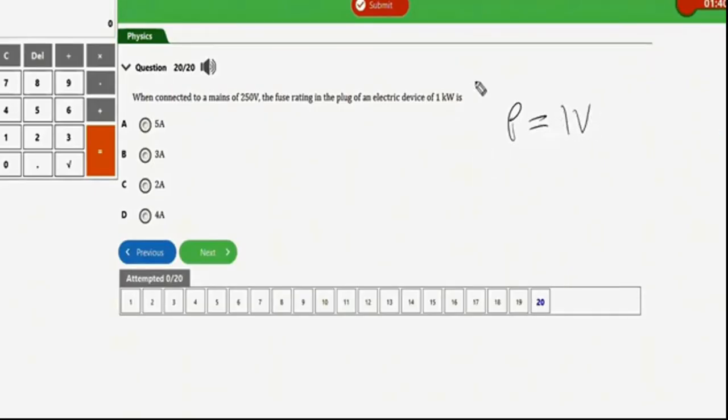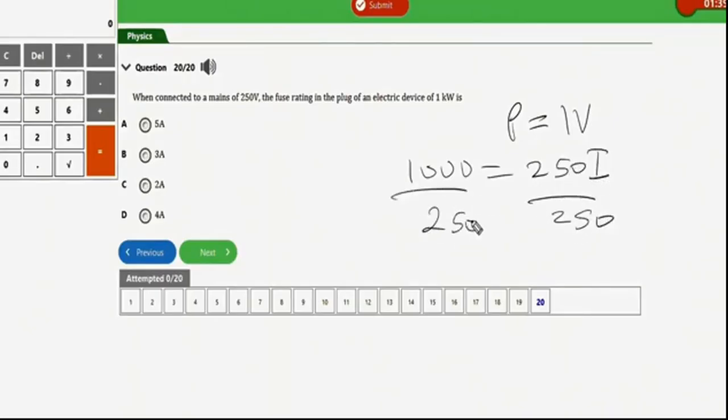So we have the power 1 kilowatts. When you convert it to watt, that's 1 times 1000. So we have 1000 watts because we're looking for the current, and the voltage here is 250. I divide both sides by 250. So the current will be 1000 divided by 250. We're going to have 4 ampere. The correct option is option D.